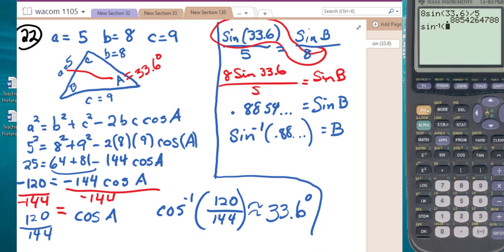If I do second answer, it will dump that decimal in without the rounding. Close, enter, and you're not getting the round off error. So it's going to be 62.3 for B.